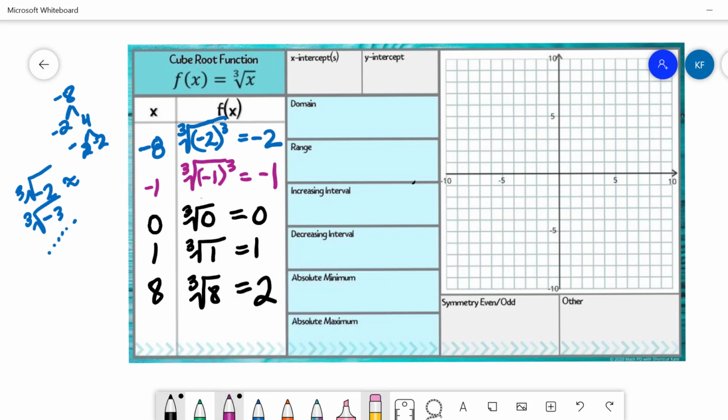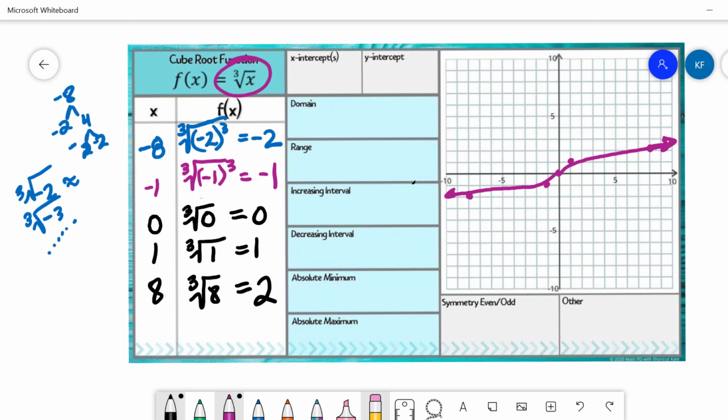All right, here we go. So -8, -2, all right, so what we really have here is this function that is being stretched across the x-axis.